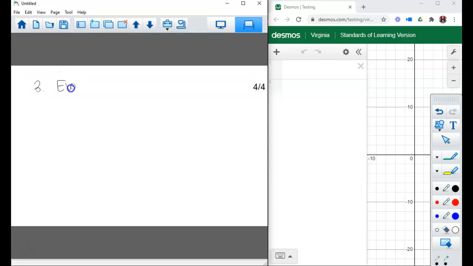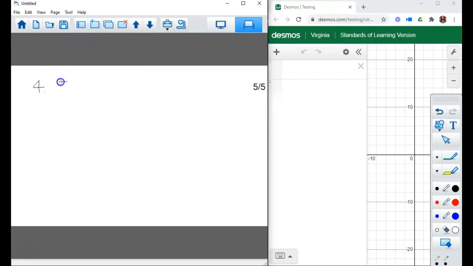If they said to evaluate x divided by 5, if x is equal to 10, again, nothing special here. Take whatever x is and divide by 5. So I'm going to take 10 and divide by 5. 2 would be my answer. So notice those first three, very, very simple. Take whatever number they give you for x, put it in the problem, and then work it out.